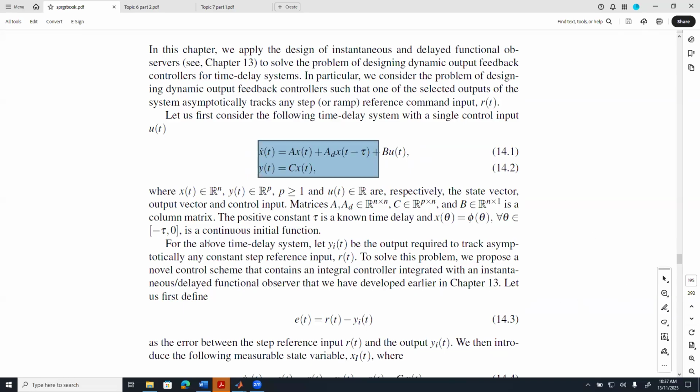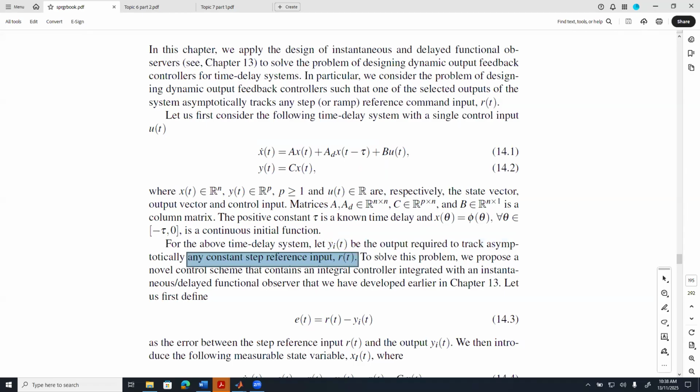The interesting problem that we would like to solve here is not just the stabilization problem. We want to pick an output measurement from this output measurement vector, and design a control law so that the selected output asymptotically tracks any constant step reference input.